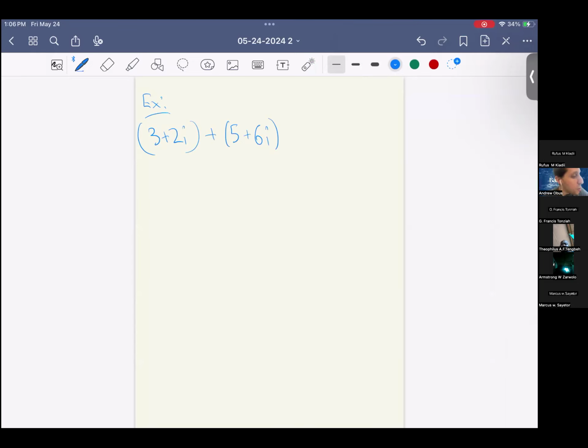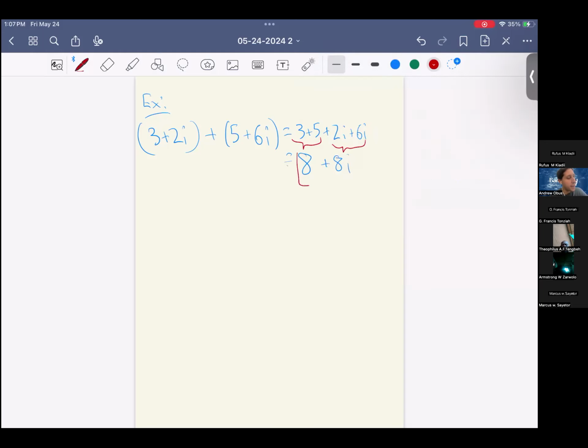Well, all I have to do is collect the real parts and collect the imaginary parts. Everything is addition, so everything is commutative. So this is just 3 plus 5 plus 2i plus 6i. That's the same thing as 8 plus 8i. The 3 plus 5 gives you 8, and the 2i plus 6i gives you 8i.